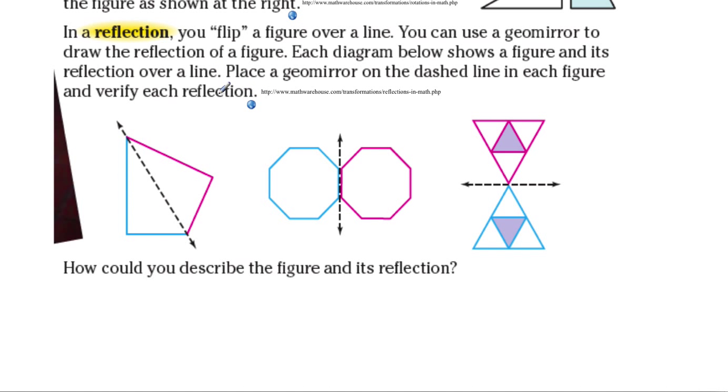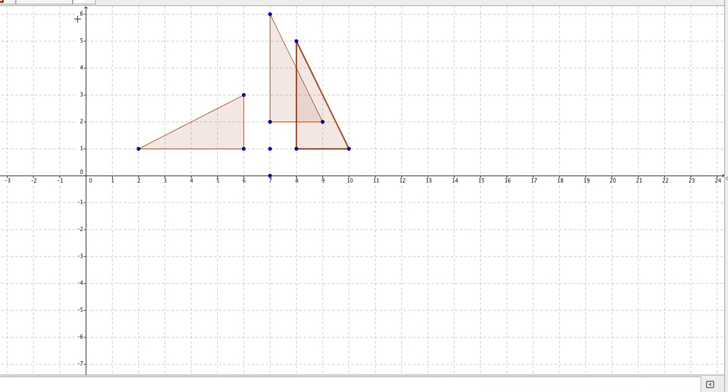Place a geomirror on the dashed line in each figure and verify each reflection. A geomirror is a type of mathematical device that when you put it over a line, you can see the reflection and actually trace it out. When we talk about a reflection, let's make a new window here.